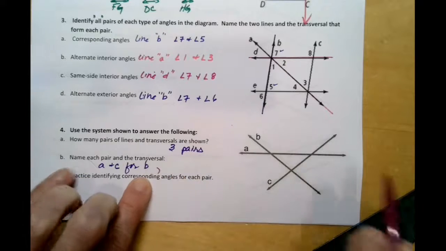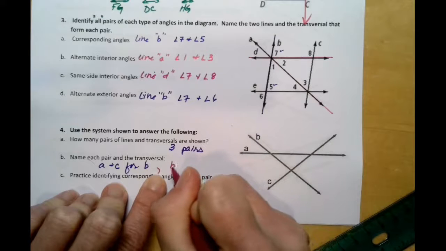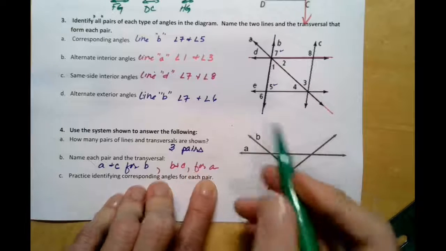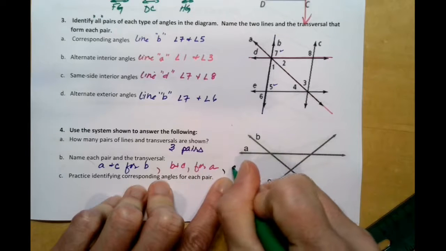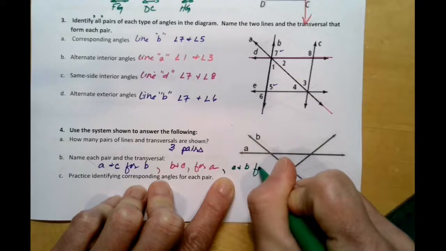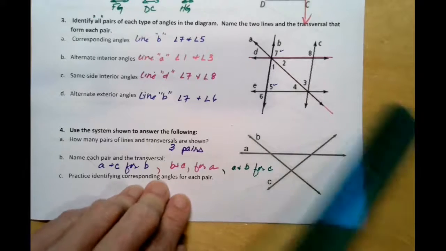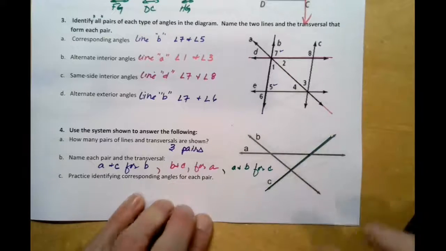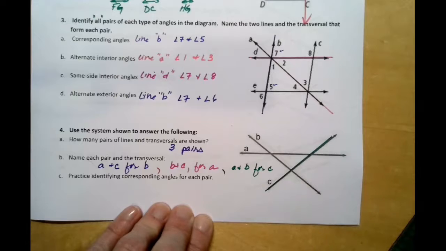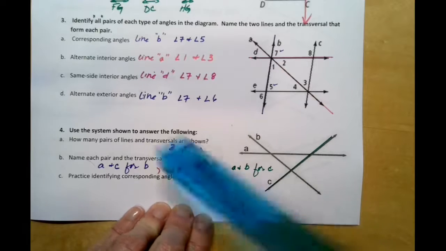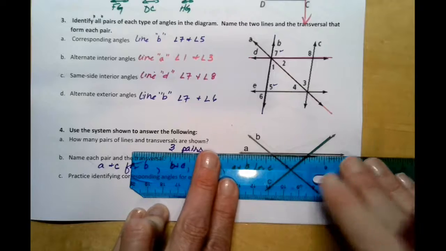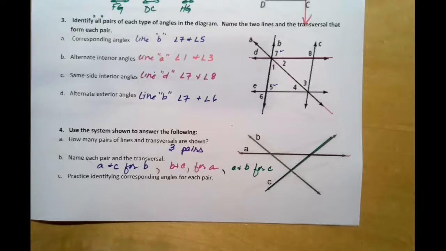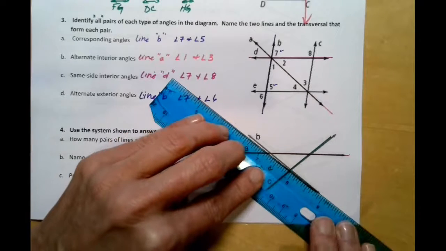If A is the transversal, B and C are the lines, and if C is the transversal, A and B are the lines for C. So we can talk about C being the transversal that connects A and B, A being the transversal that connects B and C, and then, of course, B can be the transversal.